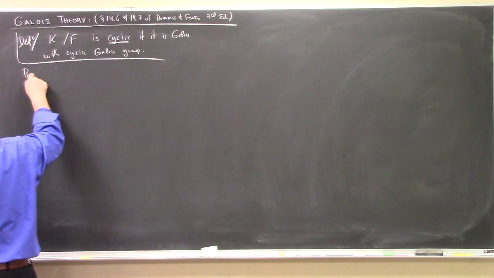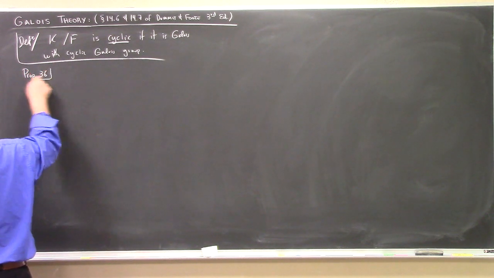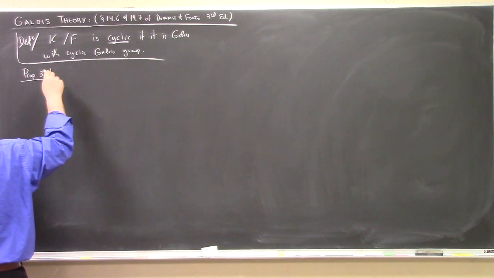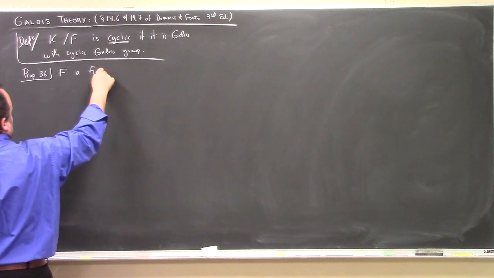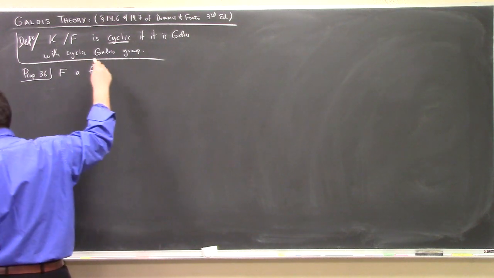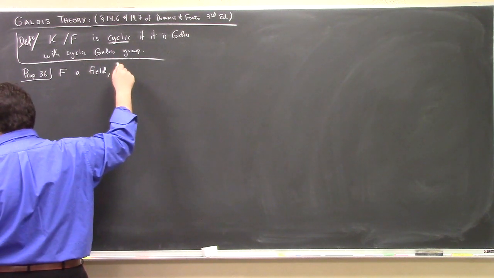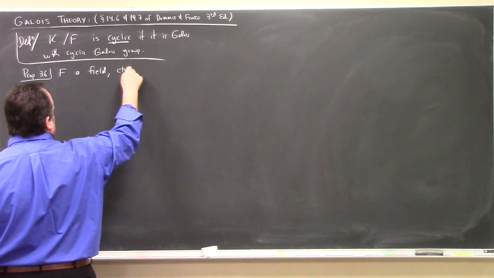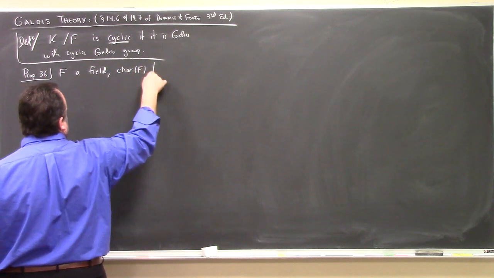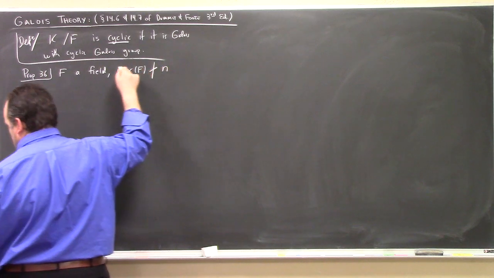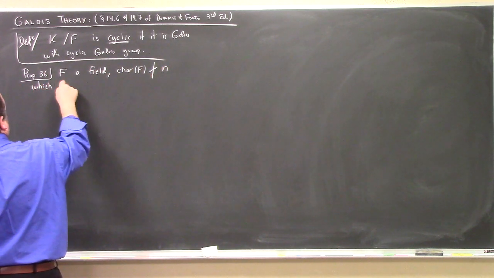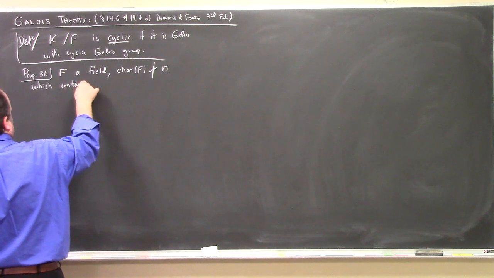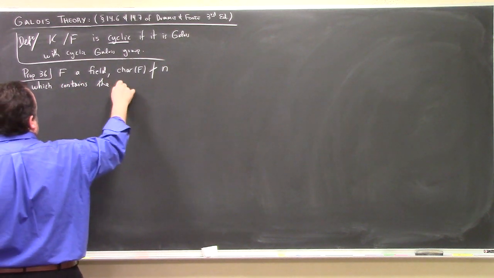Proposition 36. He says, let F be a field of characteristic not dividing n, which contains the nth roots of unity.